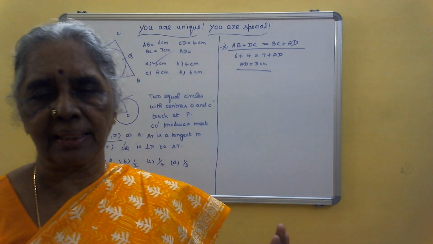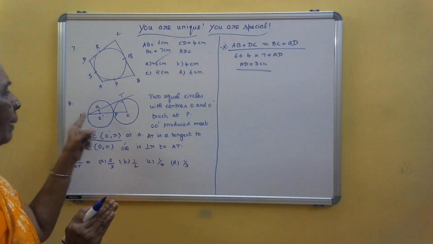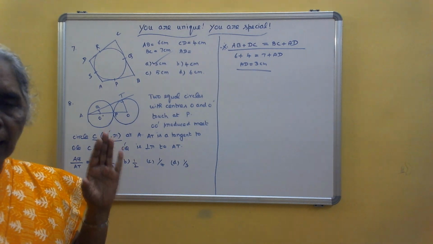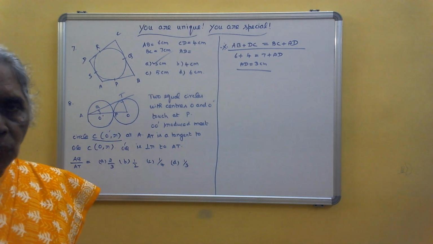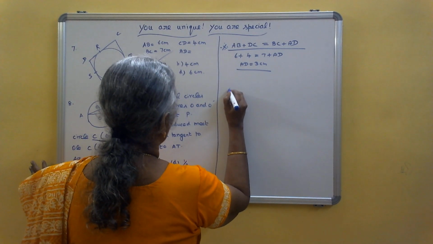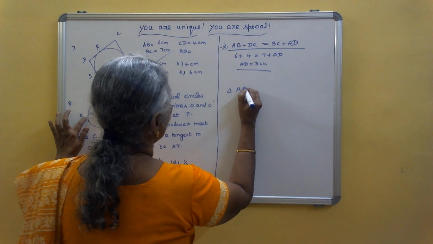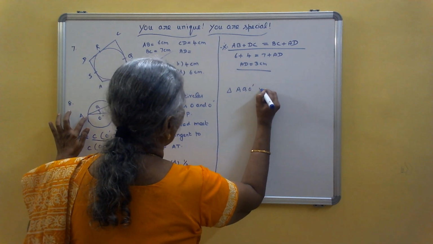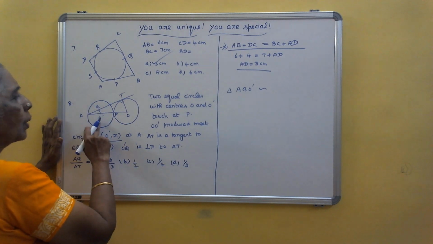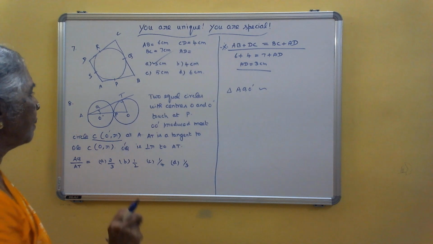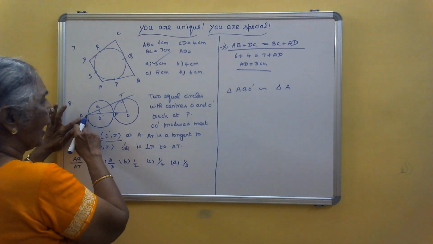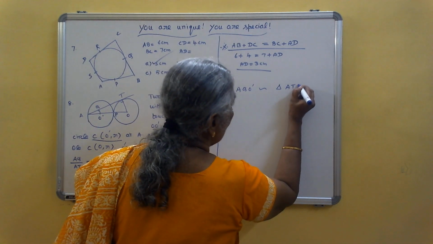No proof is necessary because one angle is common and 90-90, so AA similarity is there. So I can write triangle AQO dash is similar to triangle ATO. Write the corresponding letters.